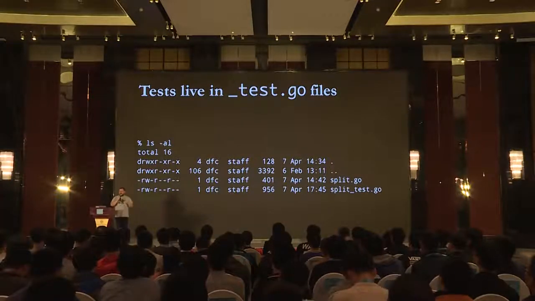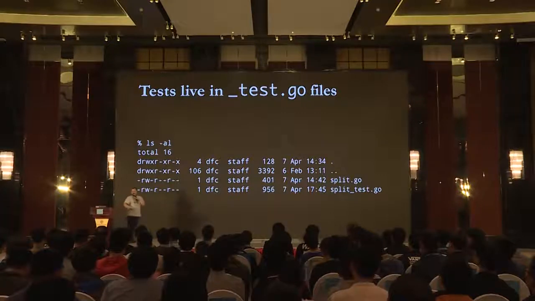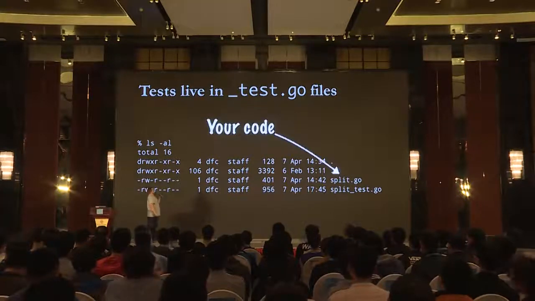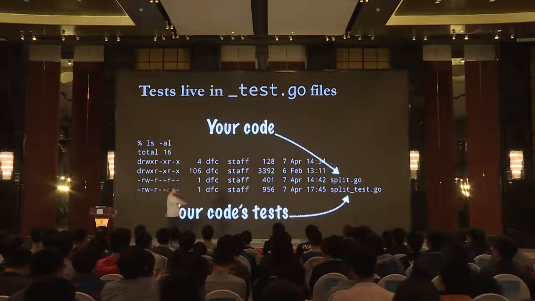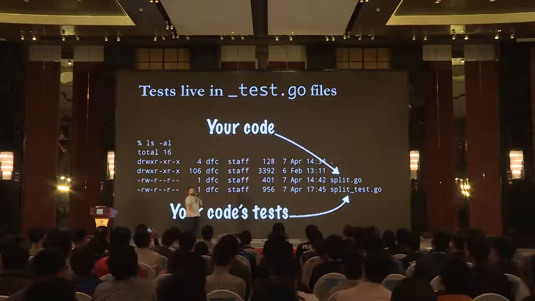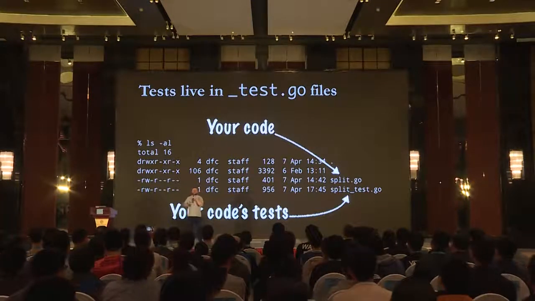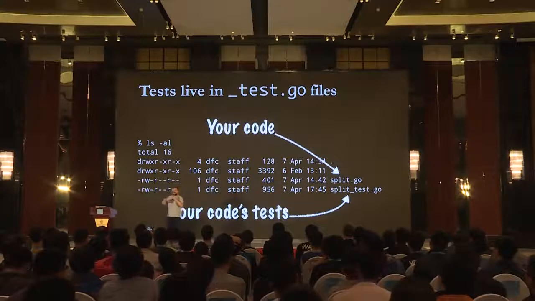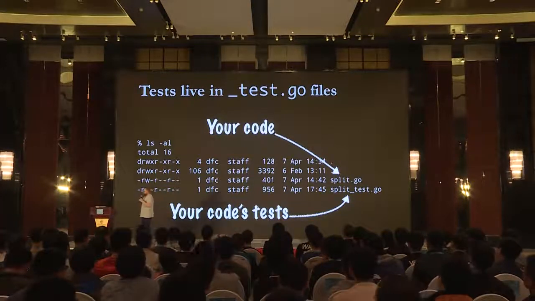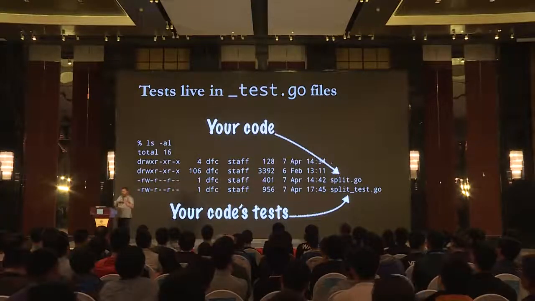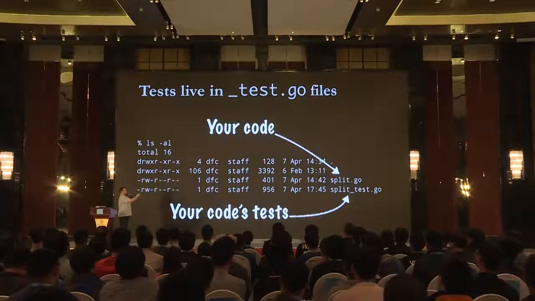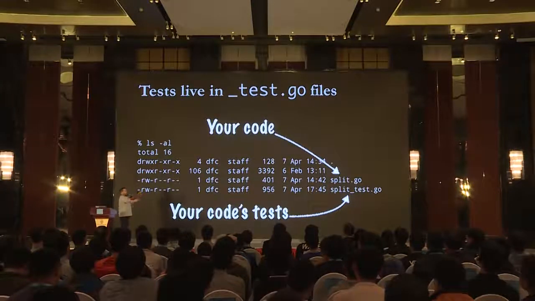To do this, the Go command understands that anything ending in _test is a test file, and so it will only compile them in test scope. So now we know that a package and its tests live together.